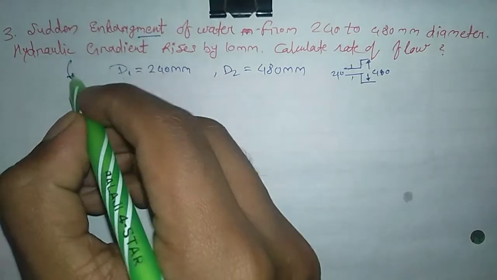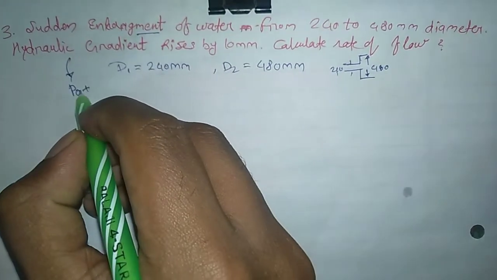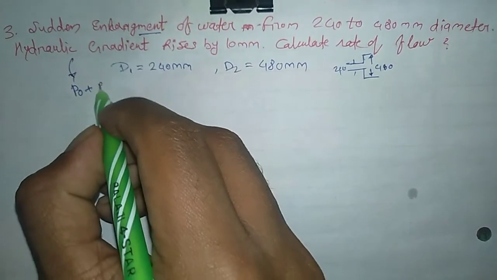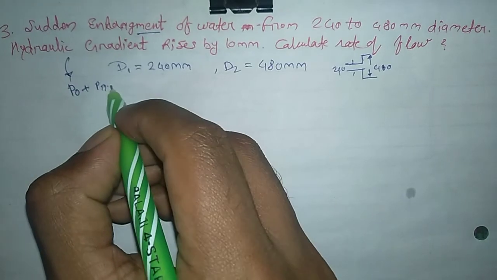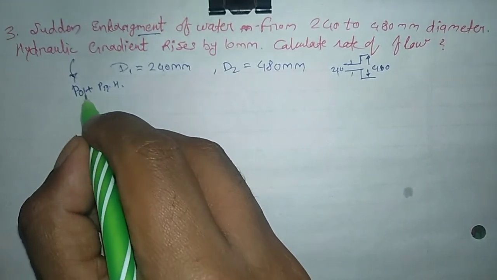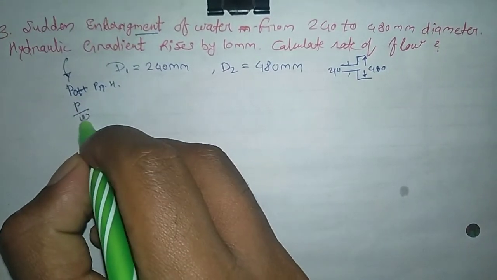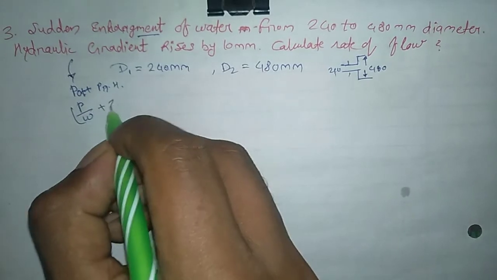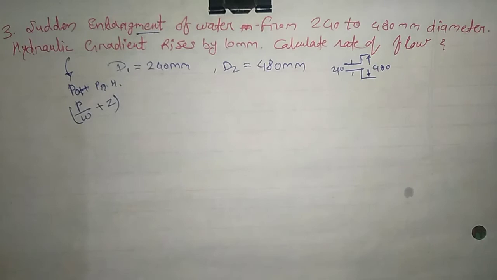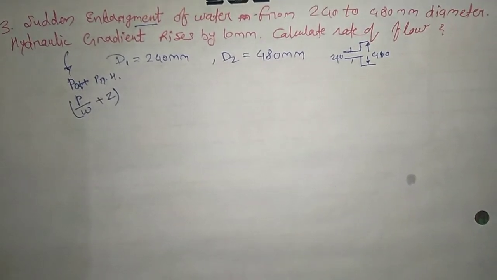Hydraulic gradient is nothing but the sum of potential head plus pressure head, which is P by W plus Z. That is the formula of hydraulic gradient, which is increased by 10 mm.